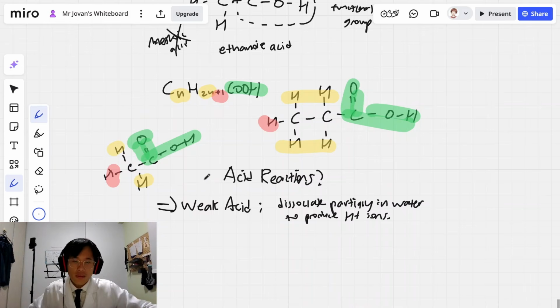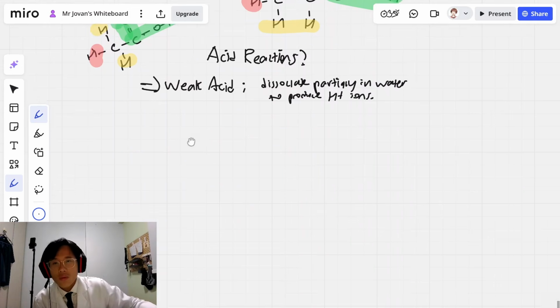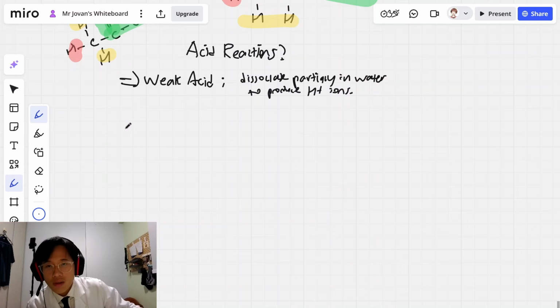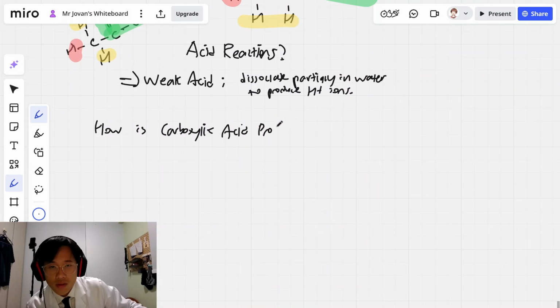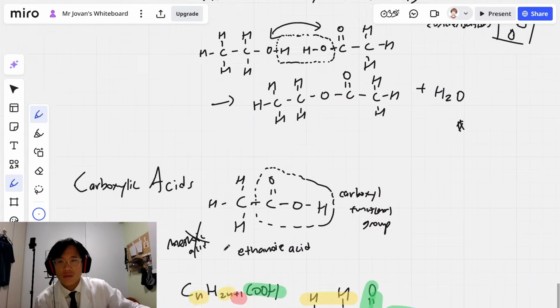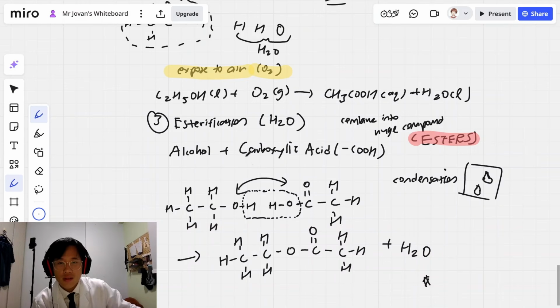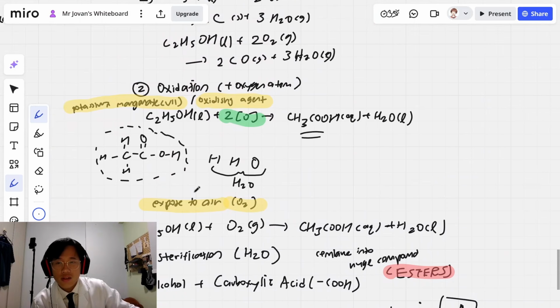So if we're talking about acid, we can talk about first of all, how is carboxylic acid produced? Oh my days, we just learned this. Right here, oxidation.